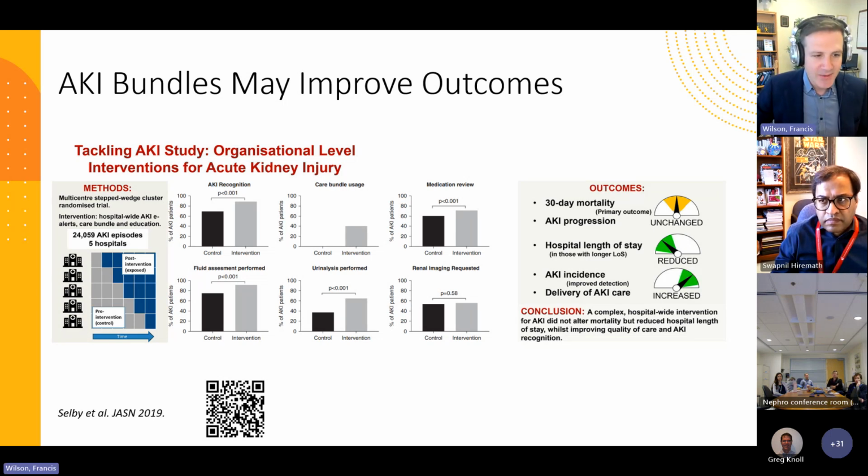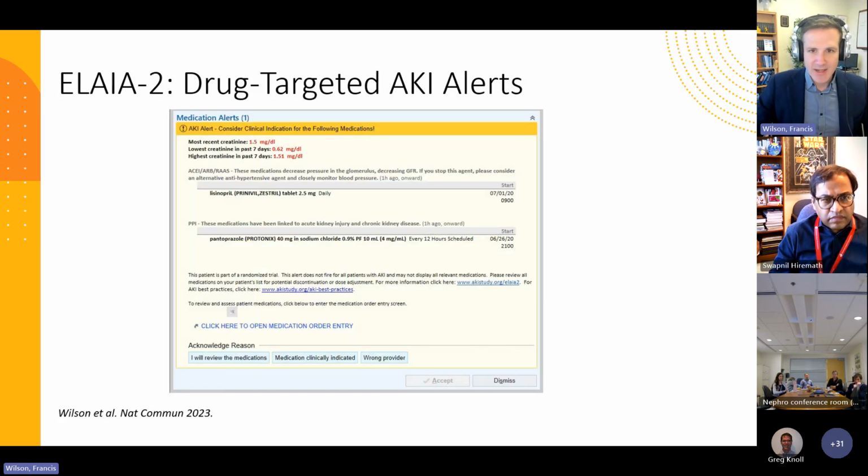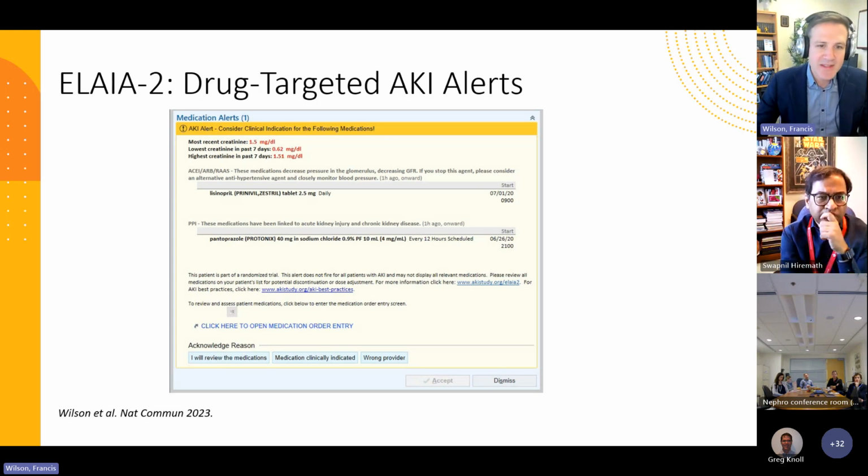But we did take a lesson from Nick here to say, okay, we need to couple an alert to some specific action the provider can take. And the low-hanging fruit for us was nephrotoxic medication. So this led to ALIA 2, where we coupled the alert to specific drugs. And you can see this is a bit of a different format in the alert here. We're showing you an alert for a patient.